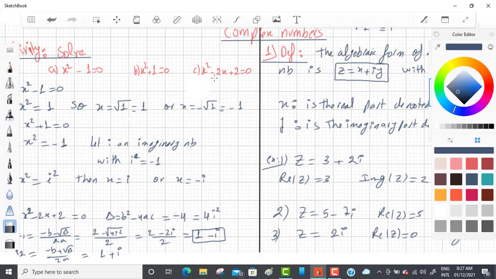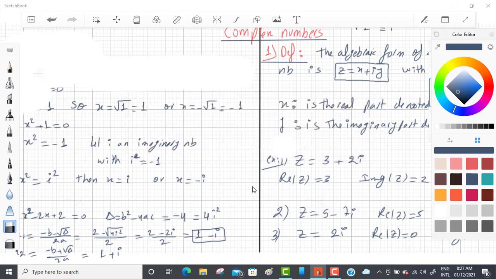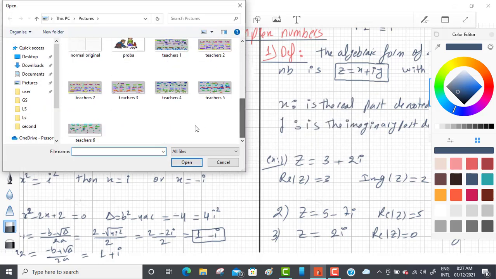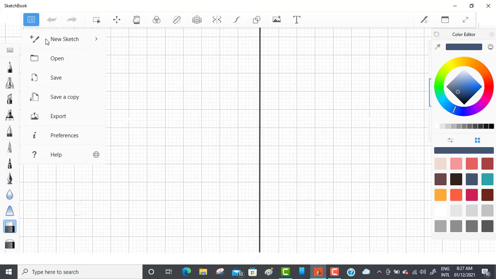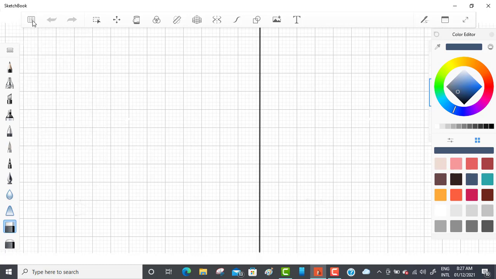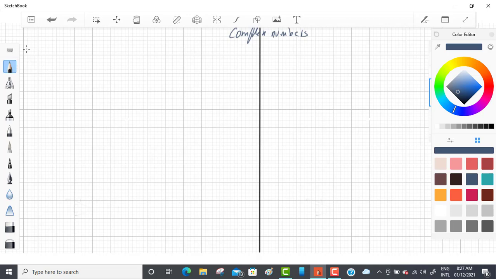Property 1. Okay, so we are in complex numbers. We used to write 1 definition and 2 properties.